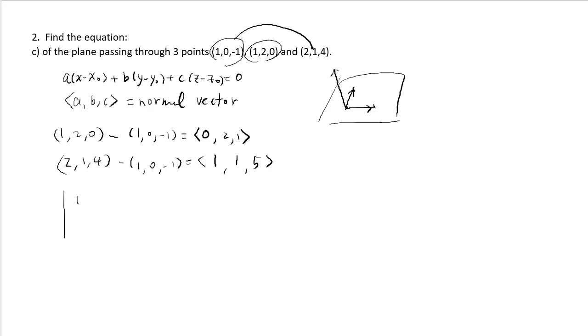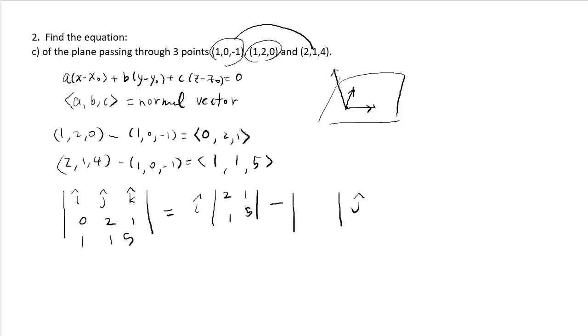And then you do the cross product. 0, 2, 1 and 1, 1, 5. That's i times, let's see, 2, 5, 1, 1, and then minus j times, if I take j and delete, I get 0, 1, 1, 5, plus k times 0, 2, 1, 1.